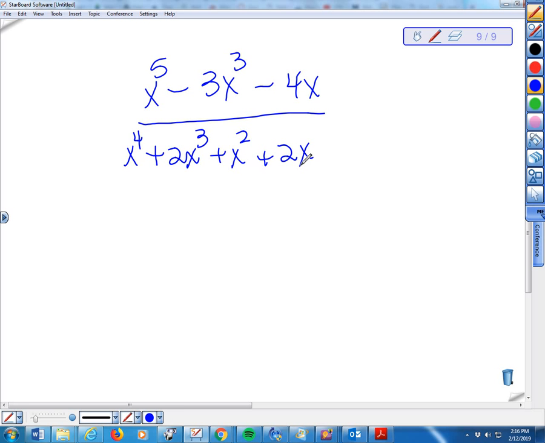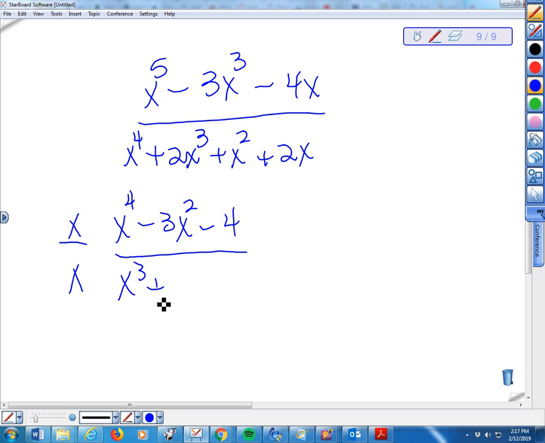I need to factor top and bottom. In the top, I can factor an x out. The bottom, I can factor an x out, right? So I really just have, let's just put an x at the end, x cubed plus 2x squared plus x plus 2.